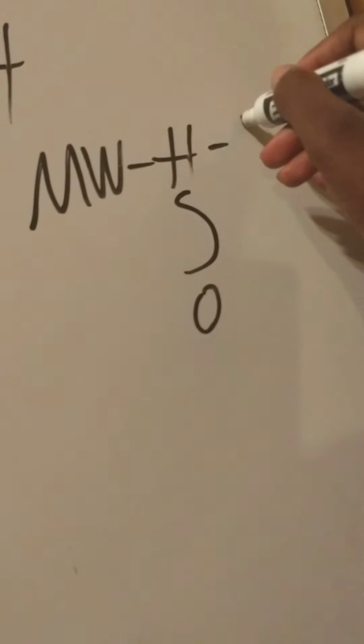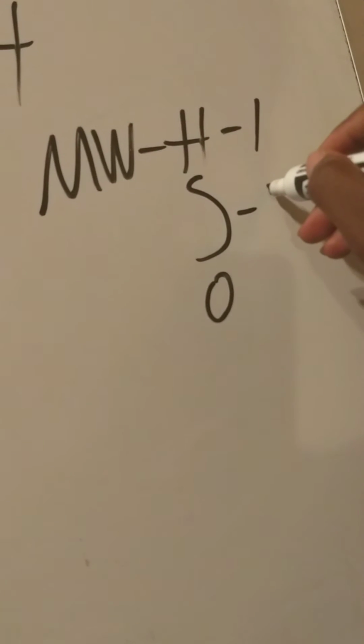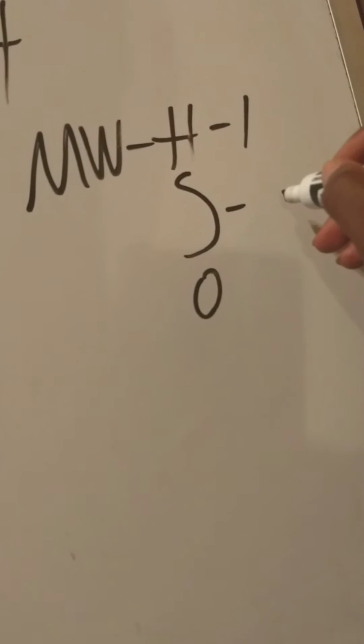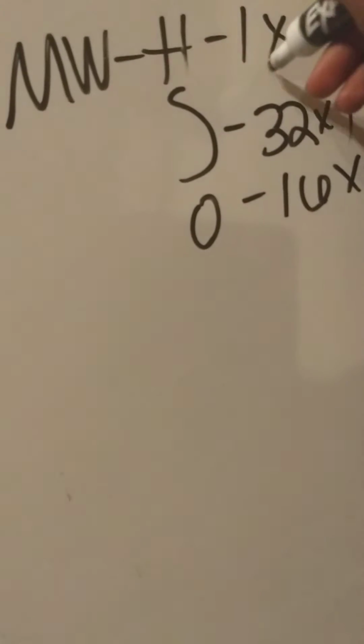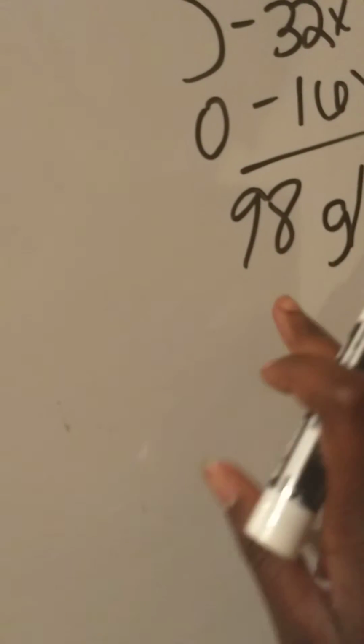As per usual, we're going to find our molecular weight. State your atoms. Atomic weight of 1, atomic weight of 32, atomic weight of 16, times 1, times 4, times 2, to give you a molecular weight of 98 grams per mole.